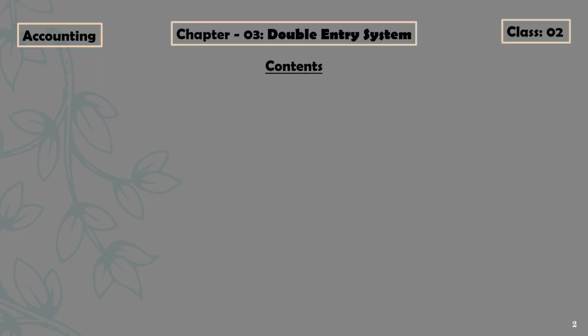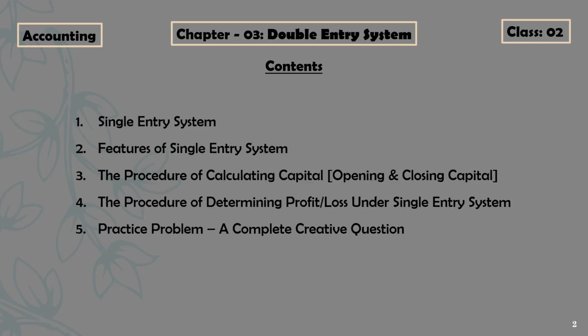Okay, today's contents are: we will study what is single entry system, we will know the features of single entry system, then we will learn how to calculate or determine capital under a single entry system.